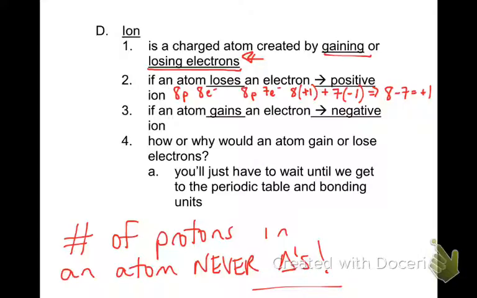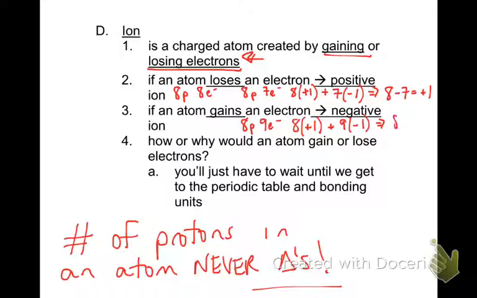And conversely, if we take a look at atoms that gain an electron, so now instead of 8 and 7, we've got 8 protons and 9 electrons. We've got 8 protons that have a charge of +1. We've got 9 electrons that have a charge of -1.